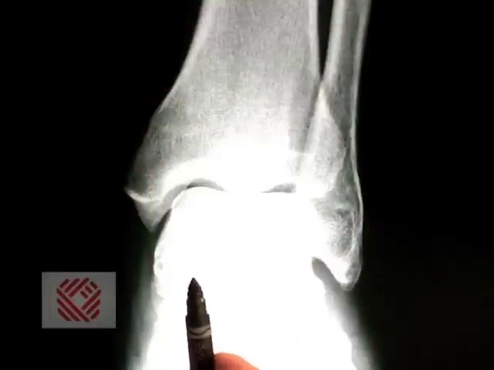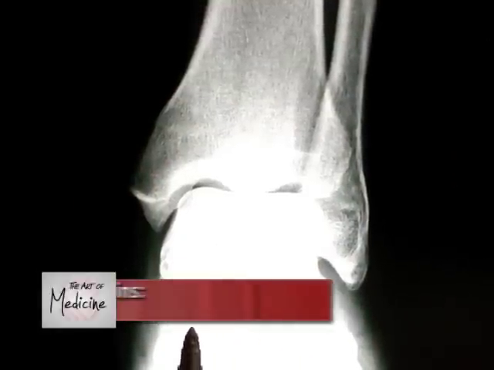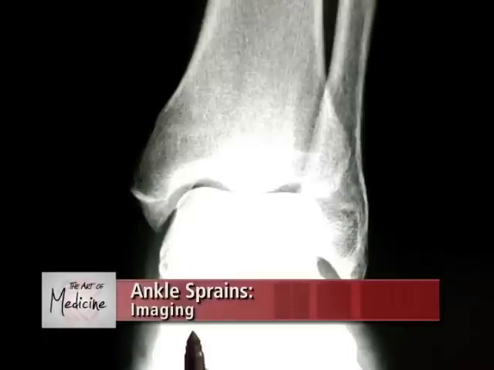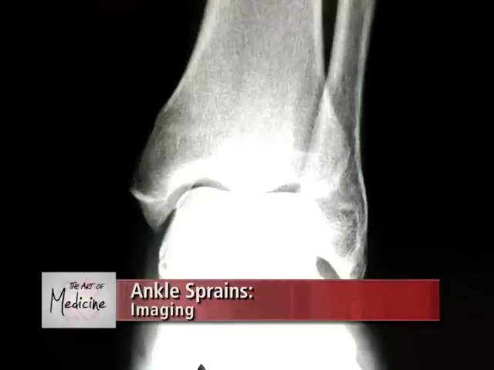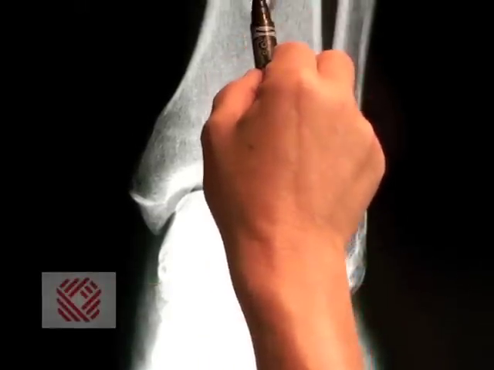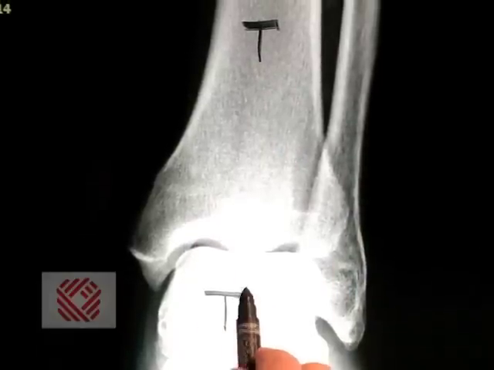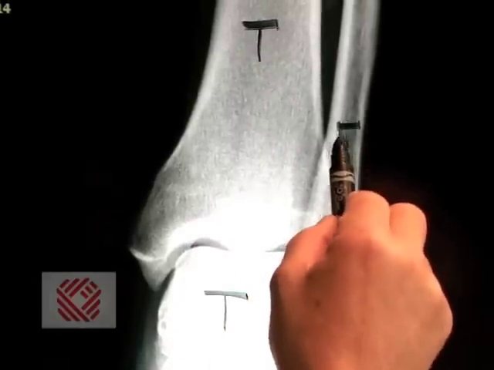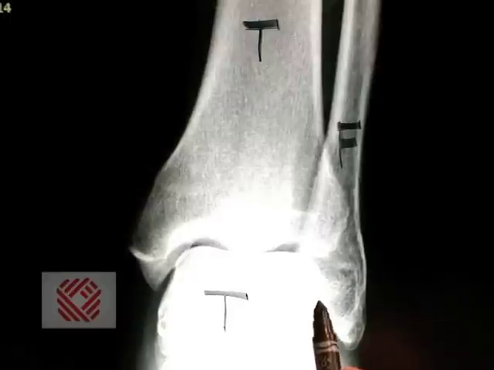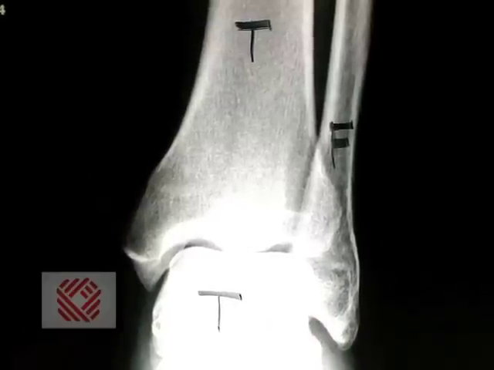This is the front view of the left ankle. This is an X-ray of the ankle. This is the tibia. This is the talus, and this is the fibula. These three bones are connected by three sets of ligaments.